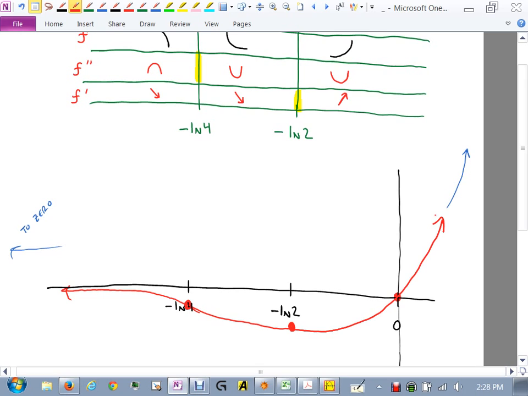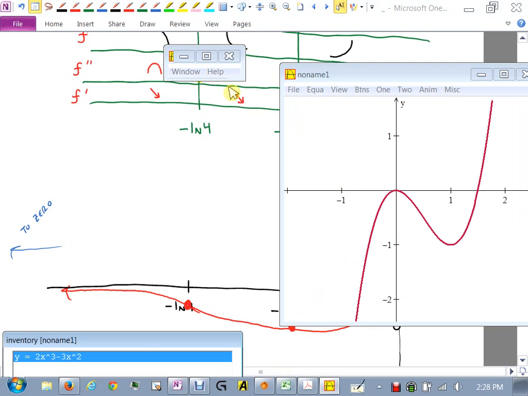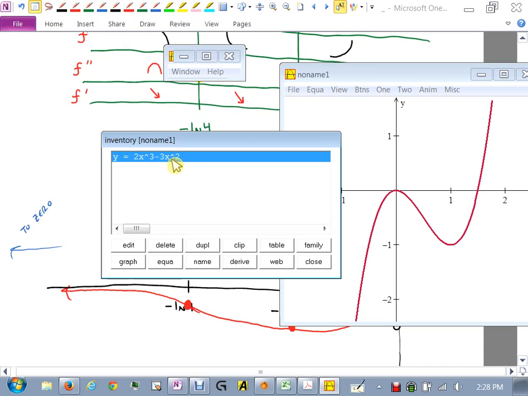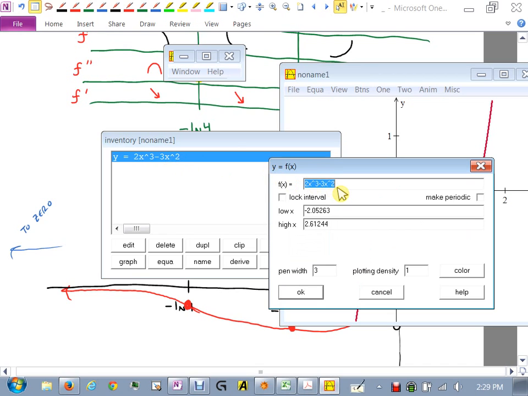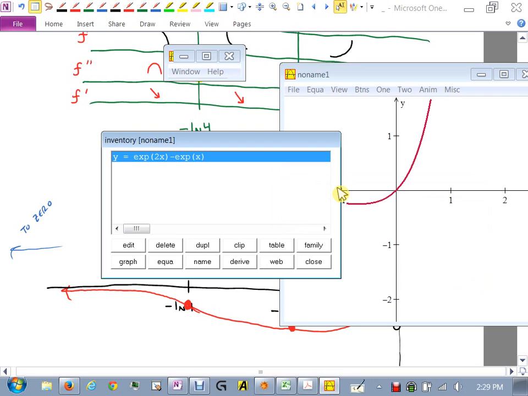There it is. And we check. It was e to the 2x minus e to the x.